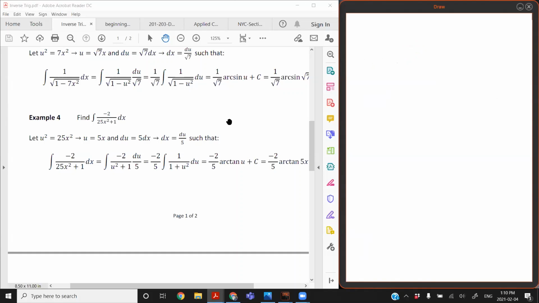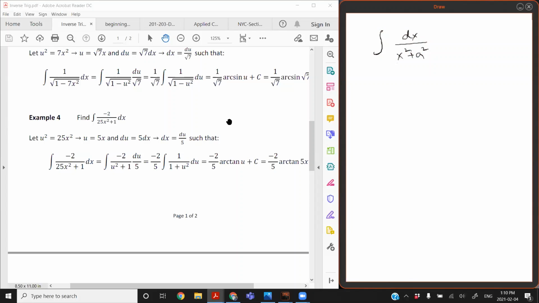if you have dx, at the bottom you have x squared plus a squared. So if a is 2, for example, you get x squared plus 4. If a is 3, you get x squared plus 9 at the bottom. If a is root 5, you're going to get x squared plus 5 at the bottom.